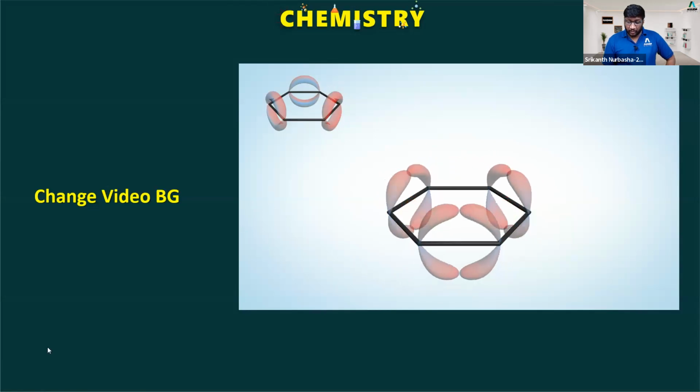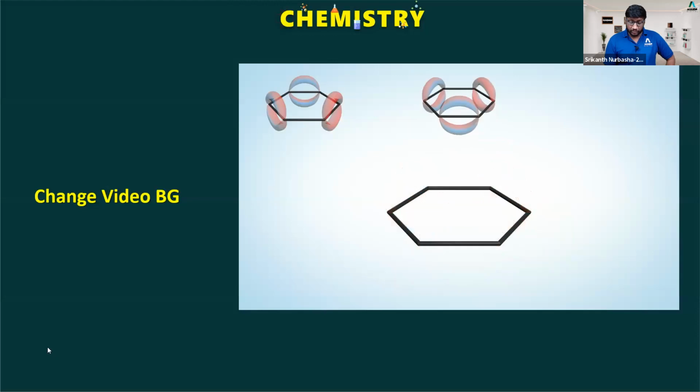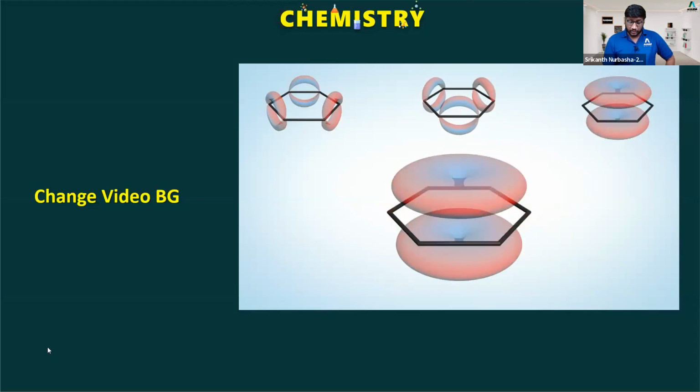These are other overlappings possible. And this is your resonance hybrid. If one overlapping is already there, why can the other overlapping be developed? Because the overlapping present here is not strong overlapping. It is not forming a sigma bond. It is just a pi bond.